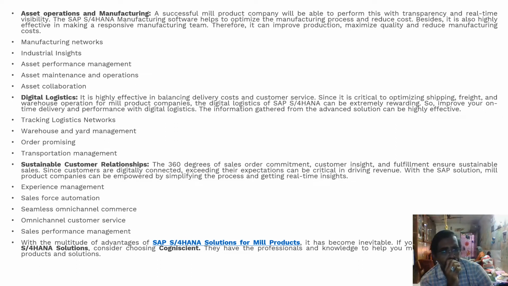With the multiple advantages of implementing SAP S/4HANA solution for mill products, it has become inevitable. If you want to integrate the SAP S/4HANA solution, consider choosing a more efficient partner like Cognizant. They have professionals and knowledge to help you make the best use of the products and solutions.